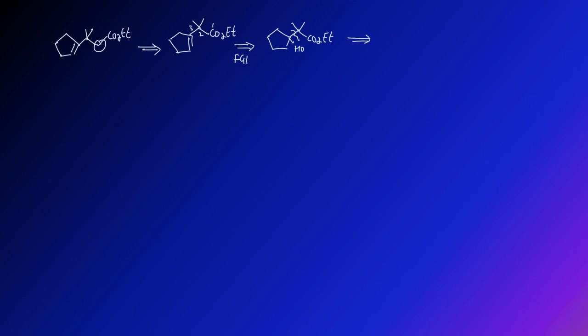Earlier I made a 1,4 disconnection, which generated a material that was not available. One thing that is very important in retrosynthetic analysis is that we should disconnect a molecule to those synthons which can generate reagents that are readily available. So in the 1,3 disconnection, we can get synthons that are available.